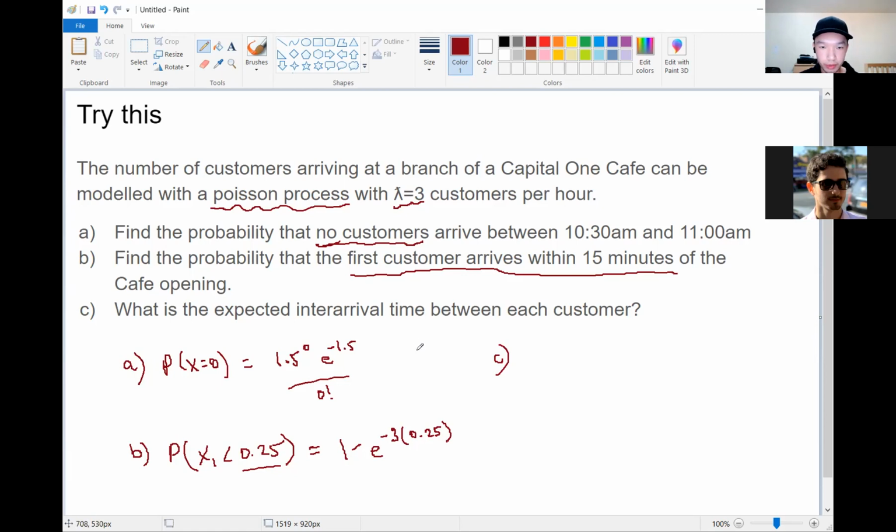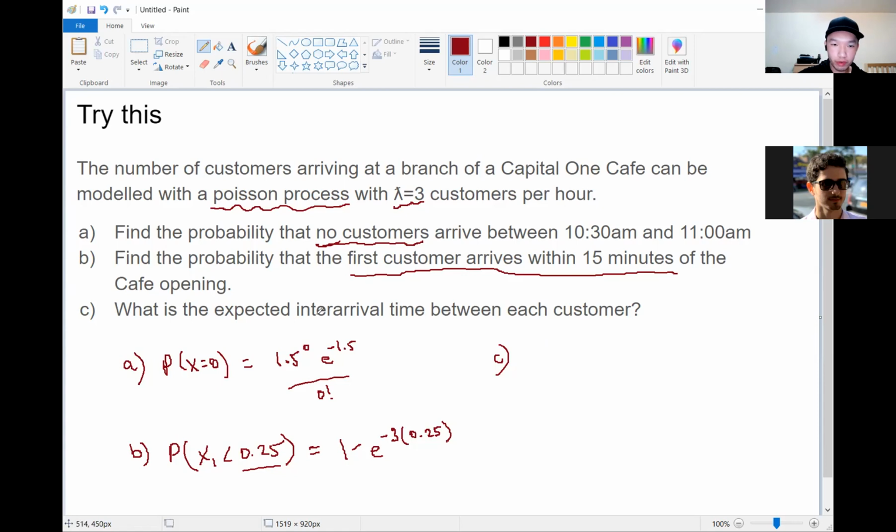Yeah. Okay, part C. What is the expected inter-arrival time between each customer? So how do we do that one? It should just be 1 over lambda. Yeah.